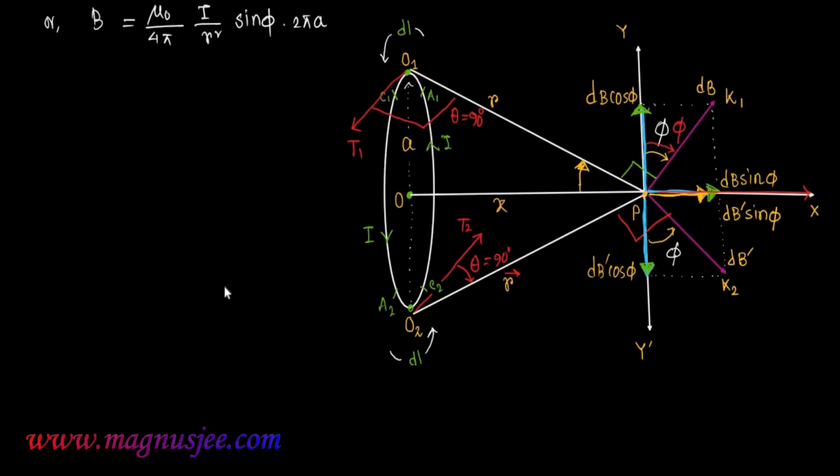Now we can denote the angle subtended by the oblique distance r with the axis OP as phi. Phi is also the angle subtended by the oblique distance r with x. Now we can denote the angle subtended by the oblique distance r with the y-axis as psi.